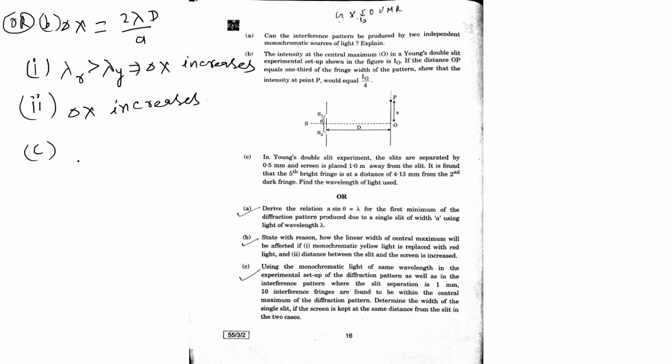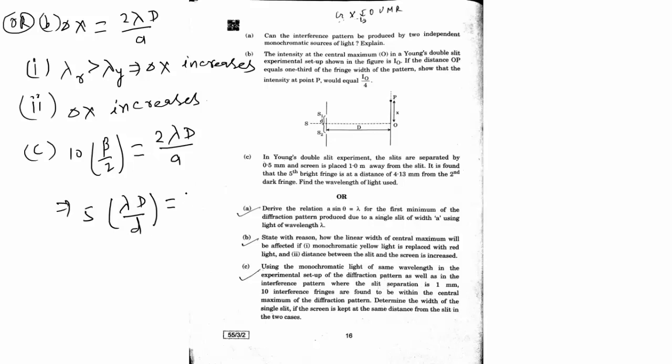Using the same setup, same wavelength, and same screen to slit distance, 10 interference fringes, which is equivalent to 10 beta by 2 distance, is found within the central maximum of the diffraction pattern, whose width is 2 lambda capital D upon A. This implies that 5 lambda capital D upon small d, which is equal to 5 times the fringe width of the interference pattern, is equal to 2 lambda capital D upon A. This implies that 5A is equal to 2d.